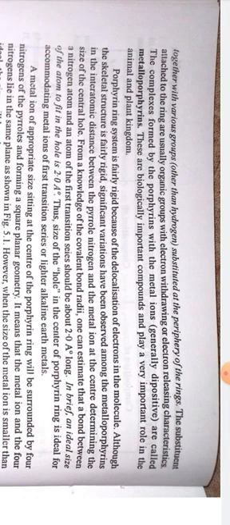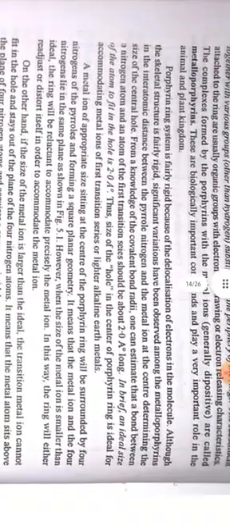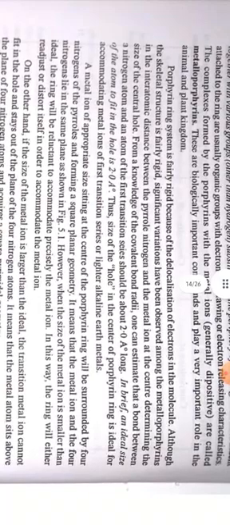The substituents attached to the rings are usually organic groups with electron-withdrawing or electron-releasing characteristics. The complexes formed by the porphines with generally di-positive metals are called metalloporphines. These are compounds of biological importance and play a very important role in the animal and plant kingdoms. Porphine ring systems are fairly rigid bodies with delocalization of electrons in the molecule.